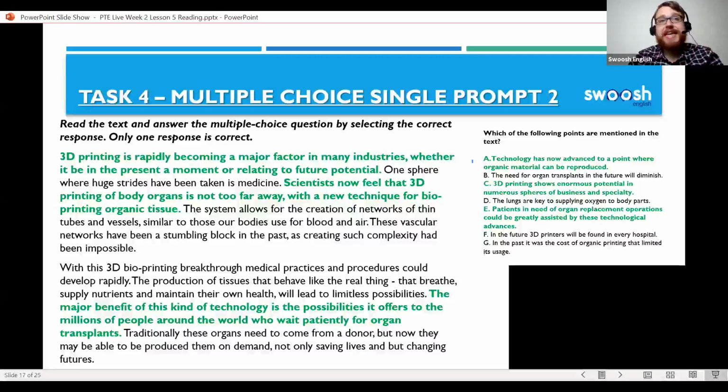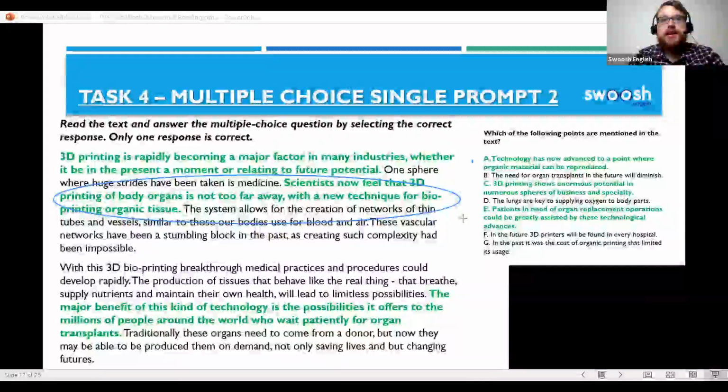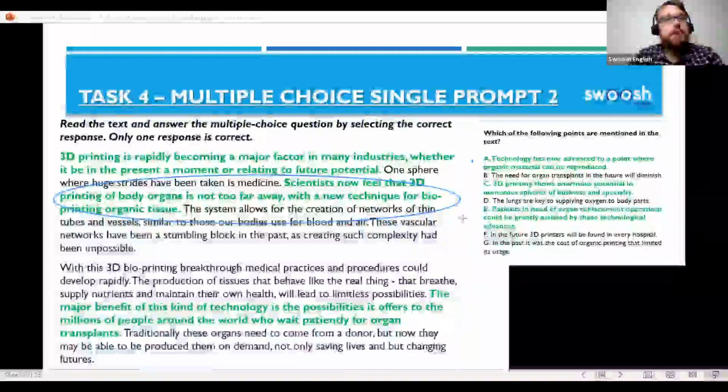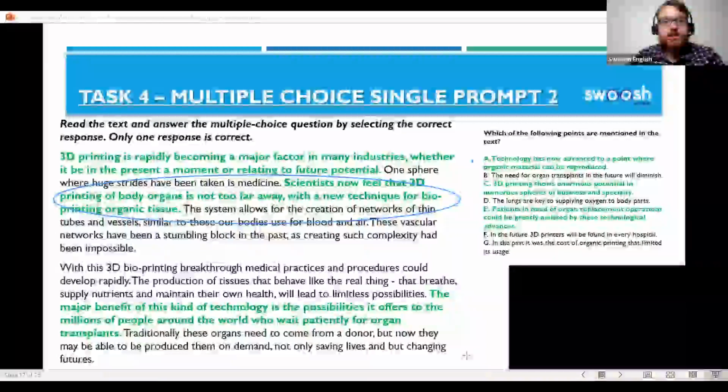Well, if we look at the second sentence in the first paragraph, which is highlighted in green, it states, scientists now feel that 3D printing of body organs is not too far away with a new technique for bioprinting organic tissue. So that directly backs that up as a potential answer.